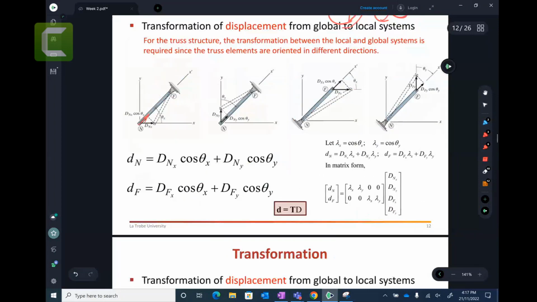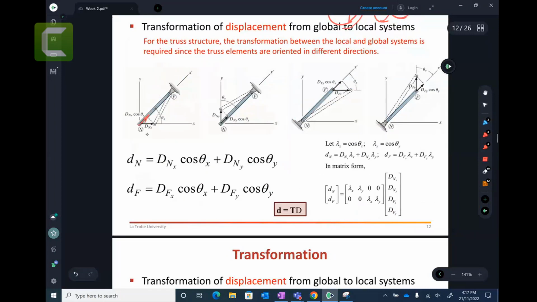Then this will have degrees of freedom here, and if I move this dn in this direction and I want to get the x component and y component, using trigonometry with theta x and theta y, you will get the deformations dn. And by the way, this is the global system.